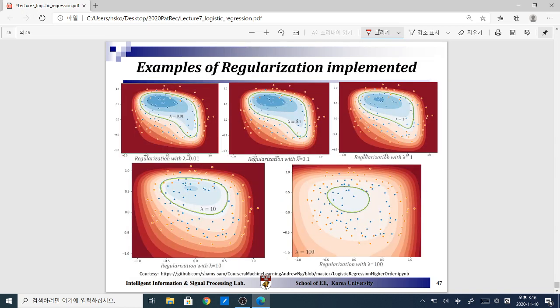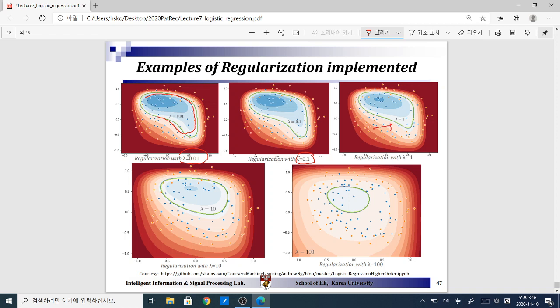So, this is the last slide I want to show. We have examples of regularization that's implemented with, say, a very small lambda coefficient. And as you can see, the boundary is much more complex, whereas as you continue to raise the coefficient, or the cost being very high for the number of parameters, then this is going to continue to be a little bit more simplified.